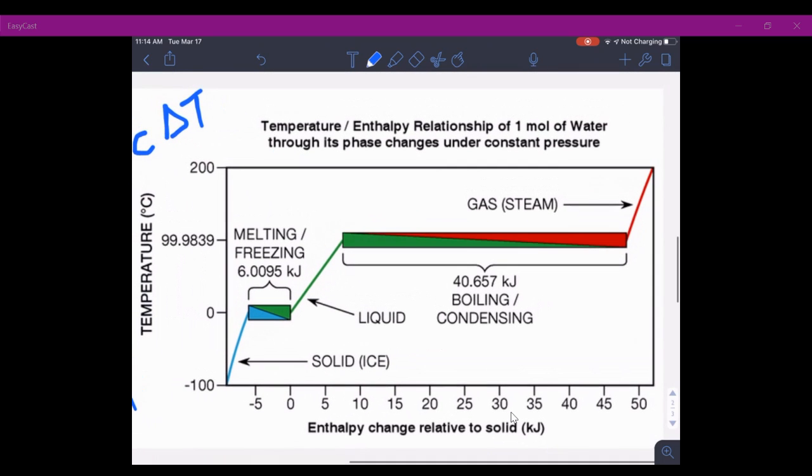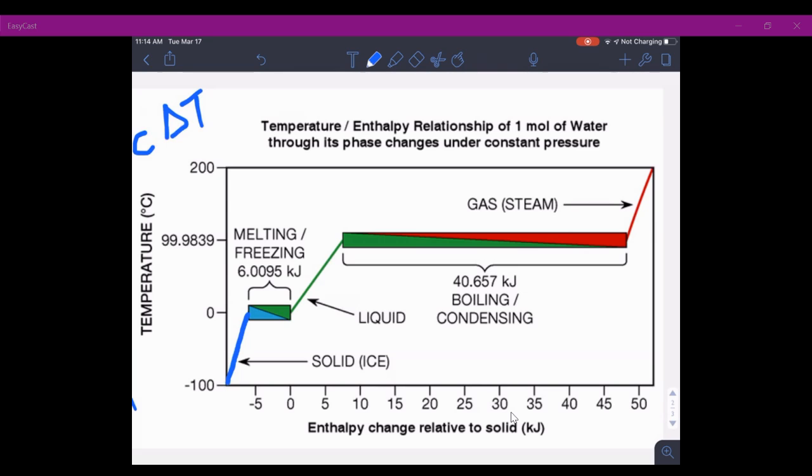So what does this look like? Let's look at a graph. On our graph, we have enthalpy change relative to the solid in kilojoules along the x-axis. That's just energy being added. On our y-axis, we have the temperature. If we look at something like water, and we start down at negative 100 degrees Celsius, as we add energy, our temperature increases.